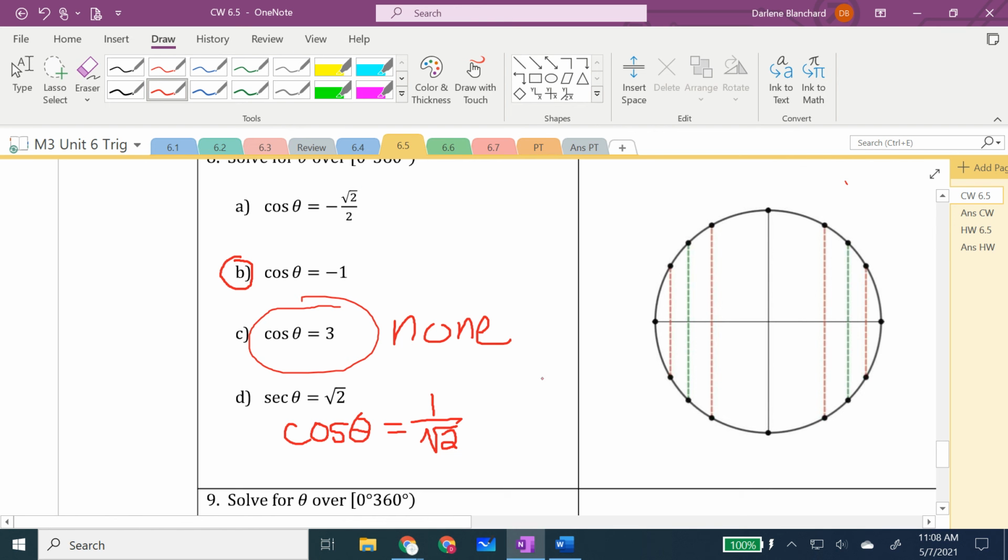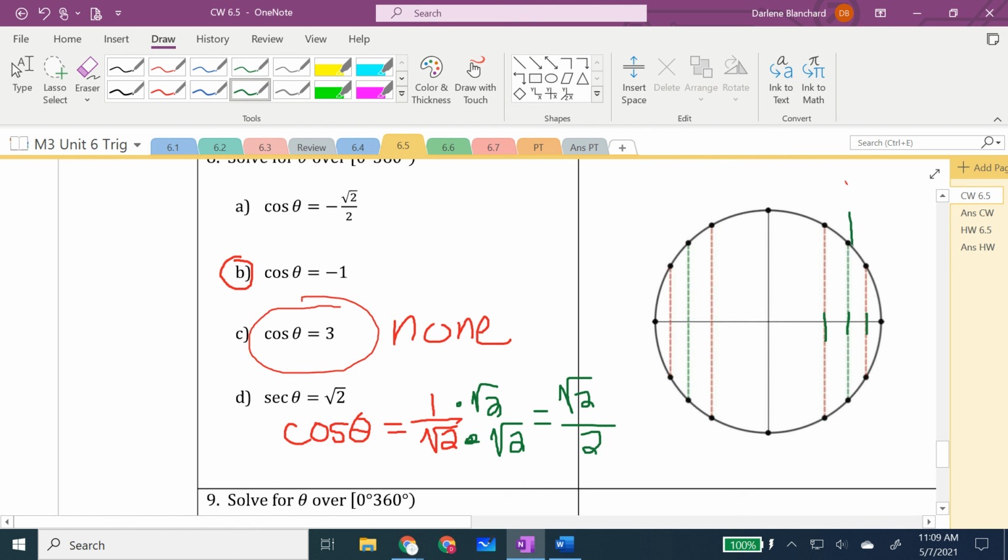Now, my special numbers for cosine are 1 divided by 2, root 2 divided by 2, root 3 divided by 2. So which of those is this one? If I multiplied the top and the bottom by root 2, I get the square root of 2 divided by 2.